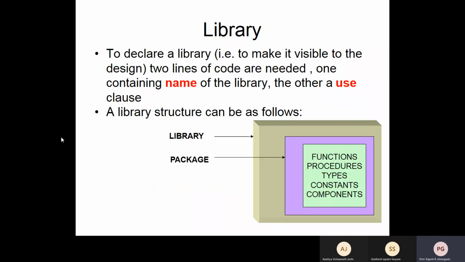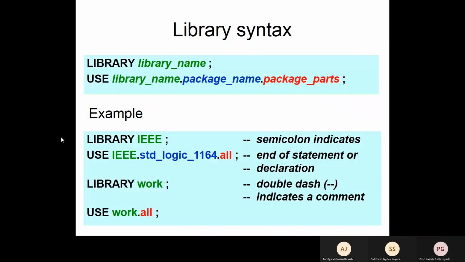But the structure of the library will be like this, that the library contains what is called a package. Now in packages, you can have different functions, procedures, types, constants, and components. Remember, you can design your own components and keep them in a package, which in turn will be kept in a library. This is the library syntax. The method which I follow is that all the keywords I use with black font color and other font colors for the user provided names.